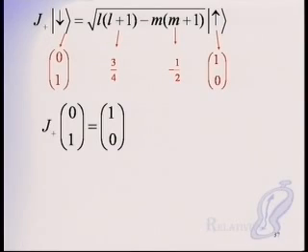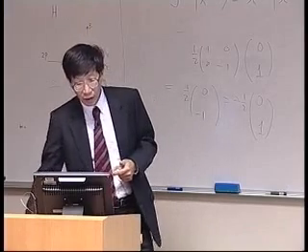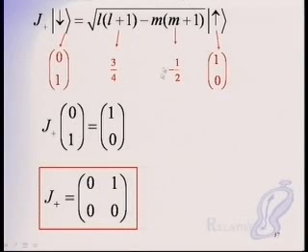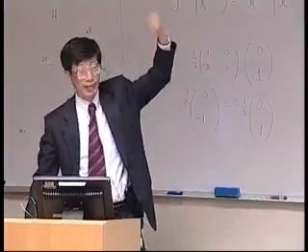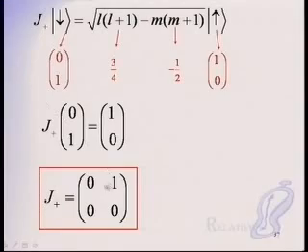And J plus operating on the state 1, 0, of course, gives 0. Because if you take the up state and try to raise it one more, there is nowhere to go. You must get 0. So that shows that J plus must be this matrix. If you take this, you can easily check this expression.